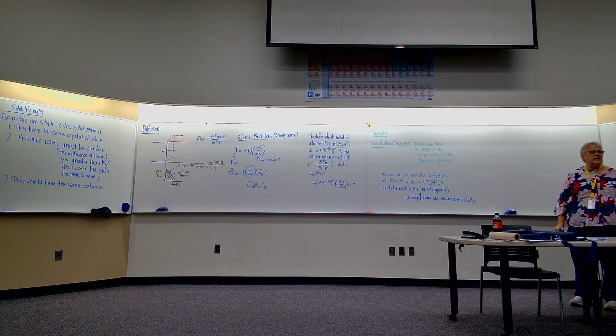What about the number of vacancies? How does that change with temperature? We had an equation for that last time. It caused thermal expansion. It also increases the amount of vacancies. The number of vacancies increases with temperature.